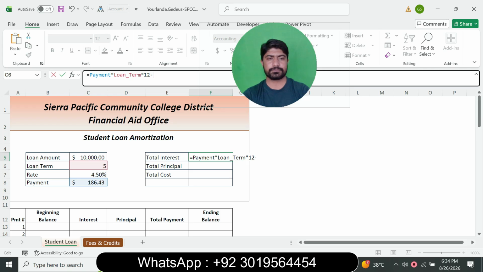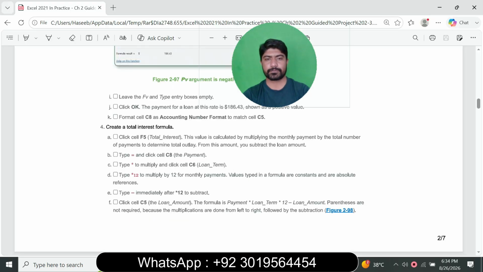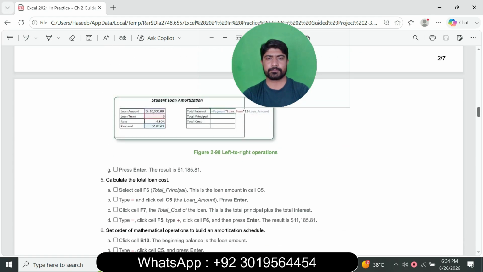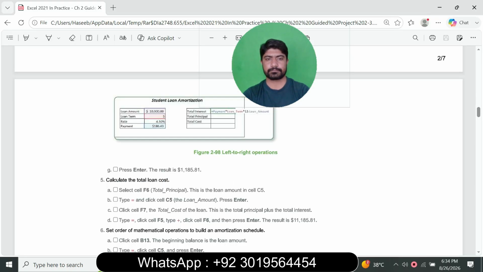Minus loan amount, and press enter. So the result is 1,185.81. So question number 4 is complete, and we move to question number 5.